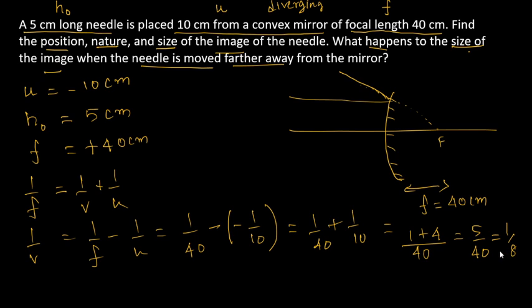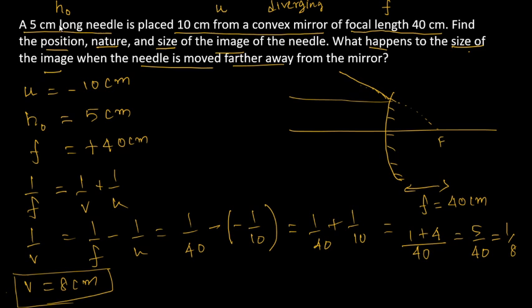Is it not? Therefore 1 by V is equal to 1 by 8. It means reciprocated, so V is equal to 8 centimeter. So this is the image distance. Then the height of the object is given, 5 centimeter.